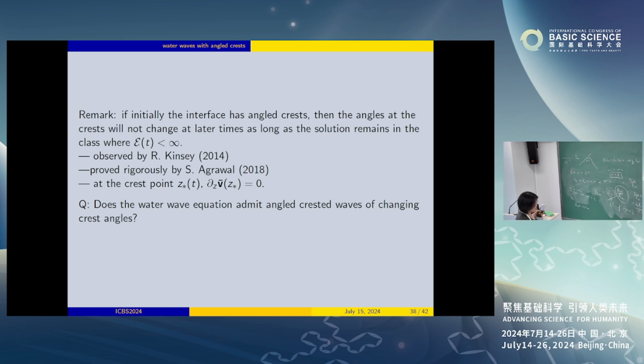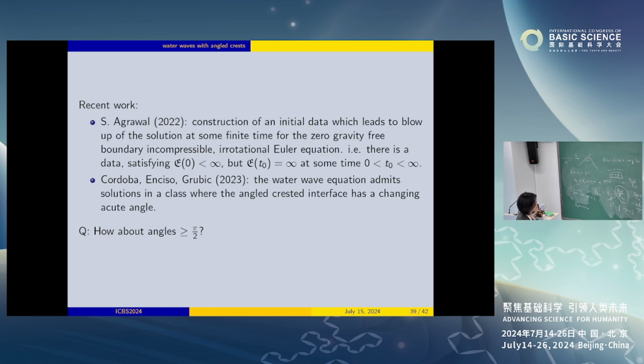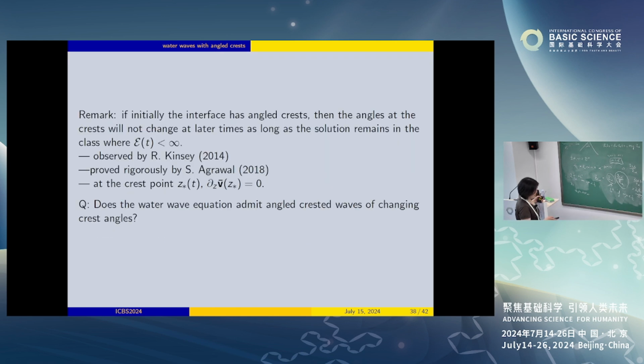It's really because of the energy class we're dealing with. Essentially, at the crest point, if you sit down and compute, this is really the spatial derivative in the z variable. This has to be 0 at the crest.